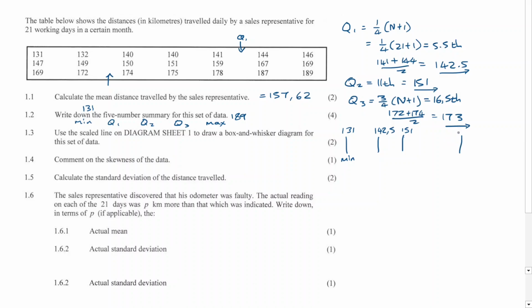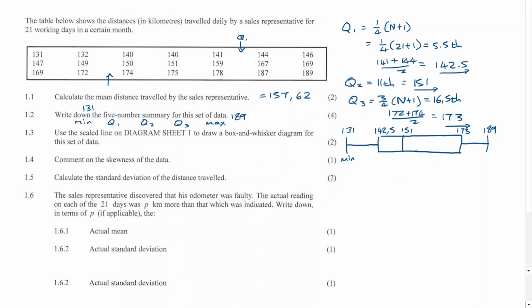So space-wise, you'd be measuring this on a ruler, or typically they'll probably give you a grid, and the max was 189. You join your quartiles at the top, and you join from the middle of the min to the lower quartile, and the middle of the max to the upper quartile. And here's your box and whisker.